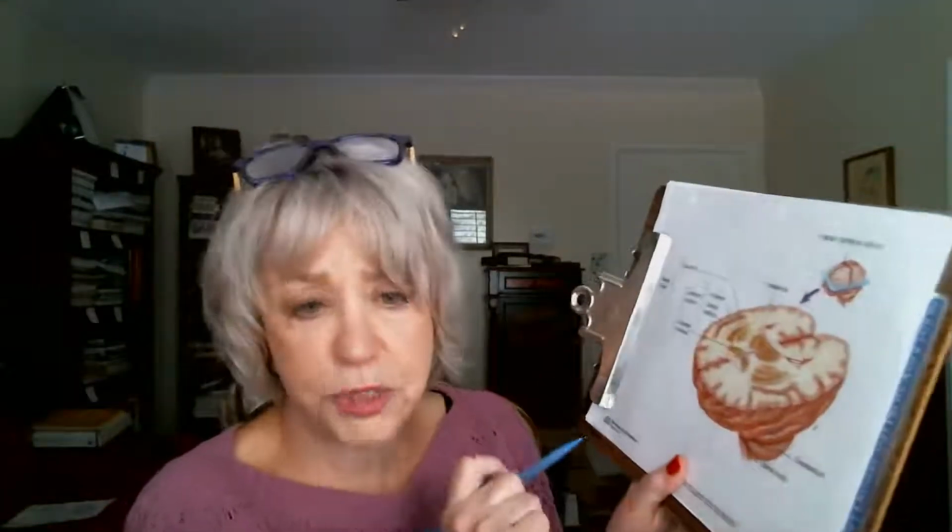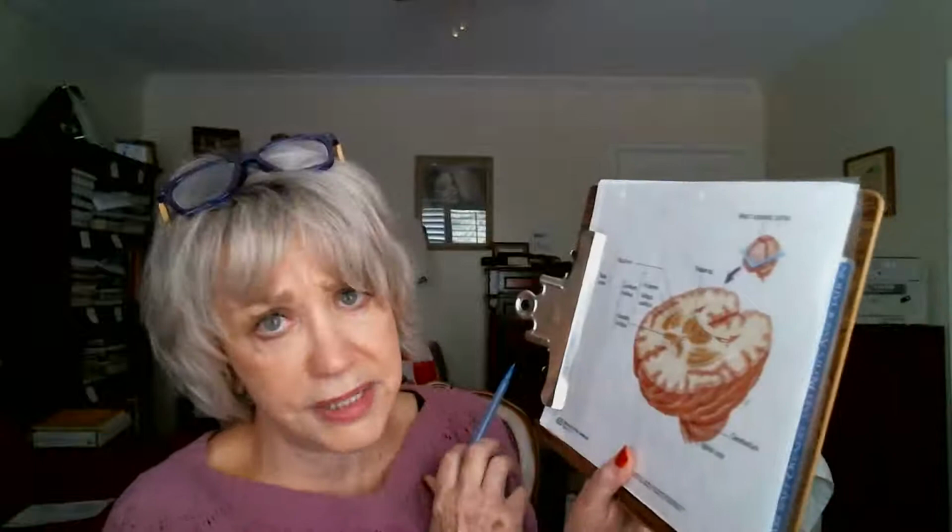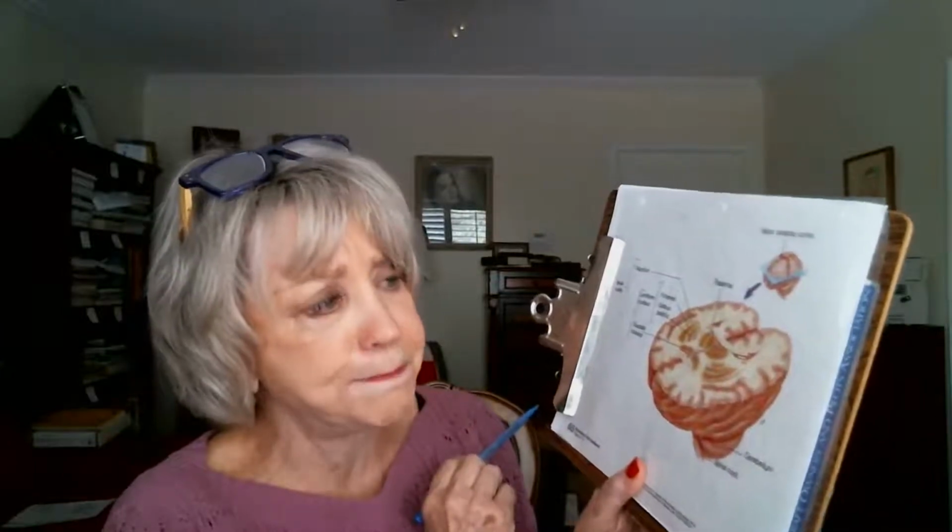Now, this one was one I wanted to make sure I showed you, and I described it, but I didn't like the transparency, and this transparency makes it so much clearer.